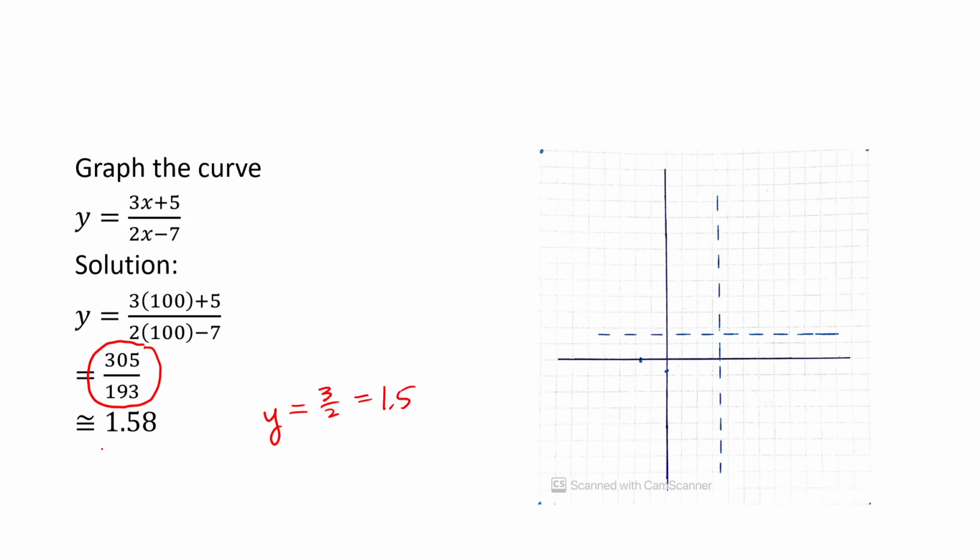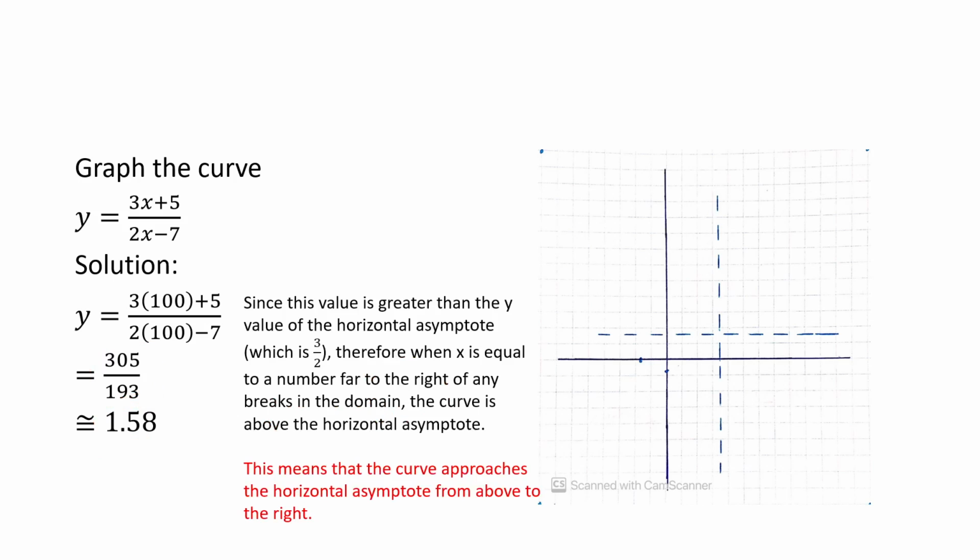So in other words, when x has a value of 100, the y coordinate is a little bit bigger than the y value of the horizontal asymptote. In other words, to the far right, which is what x equals 100 is, the y value of the curve is above the y value of the horizontal asymptote.